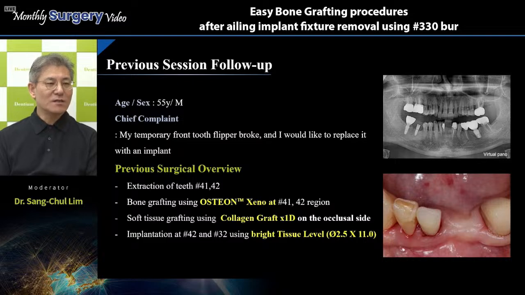His chief complaint was, my temporary front tooth flipper broke and I would like to replace it with an implant. So Dr. Zhang did extraction and bone grafting, added the collagen graft, and installed a Bright tissue level implant, diameter 2.5, 11 millimeter.